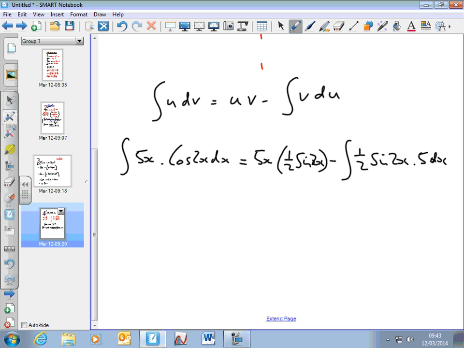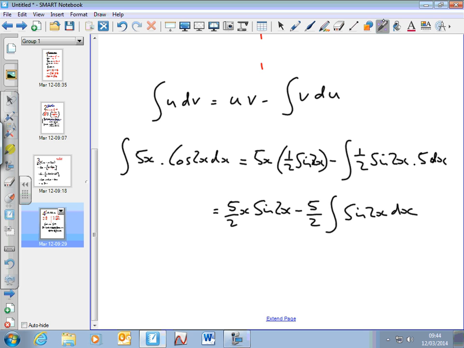I can tidy up a bit. 5x times a half is 5 over 2 x sine 2x. I can bring the 5 over 2 outside the integral, leaving me the integral of sine 2x inside. And lo and behold, we're left with an integral that we can do, because that's just a standard integral.